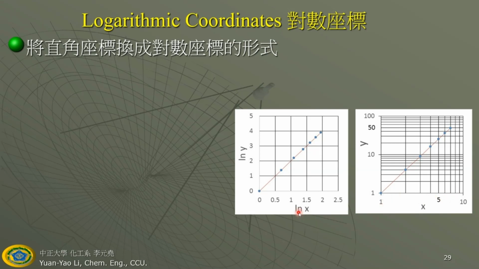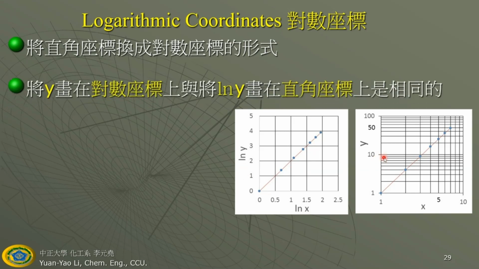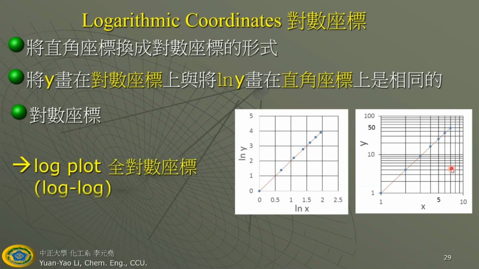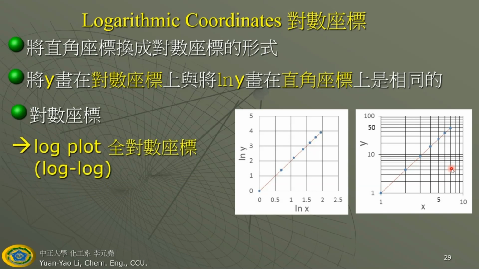You use natural log x to become x, natural log y to become y. So y becomes natural log y, x becomes natural log x. This is what we call a log plot.